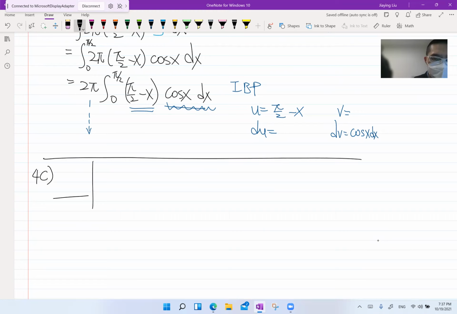So again, we have the same region, but now we rotate this piece about the line y equals 1. So y equals 1 is right here. Imagine that we're rotating about that dotted line and creating a solid.